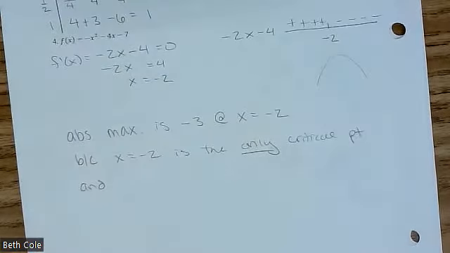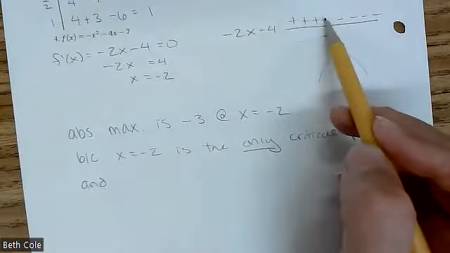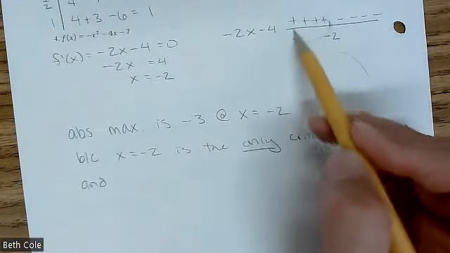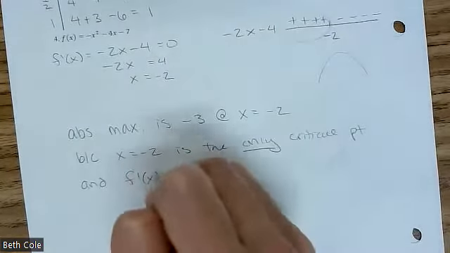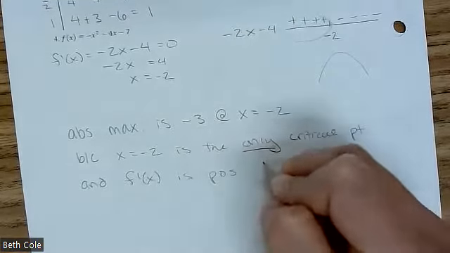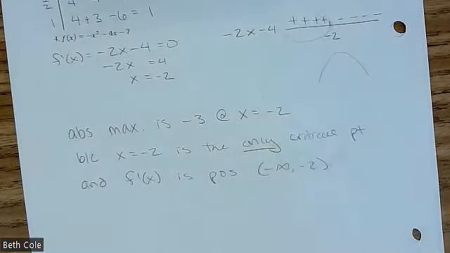And here's where you have to show that you thought about the whole number line. You thought about every number in existence. That's what they want you to do. So what is going on for this interval? Derivative is positive. And f prime is positive for -infinity to -2.